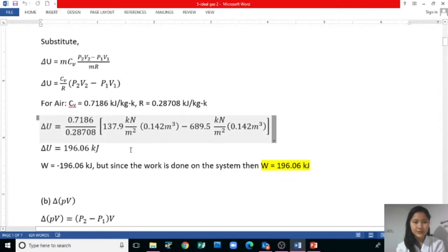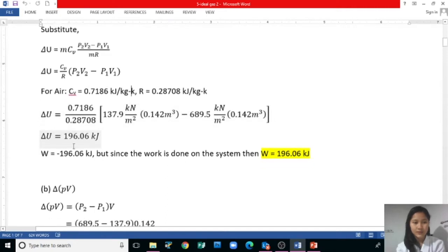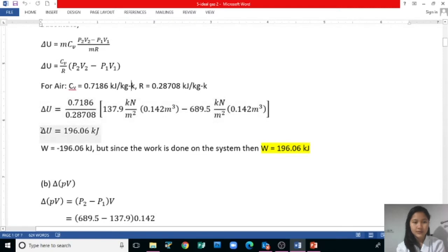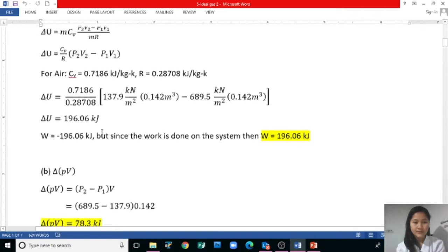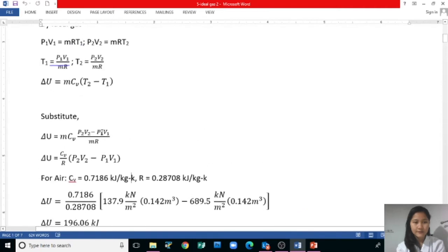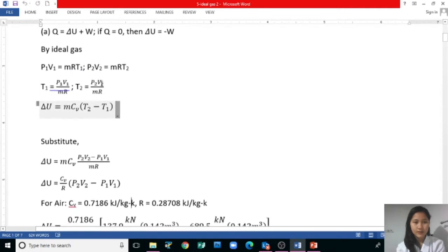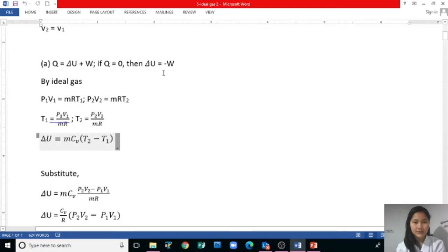Now substituting the given to the equation, we obtain the following equation. Now performing the operations, delta U is therefore equal to 196.06 kilojoules.